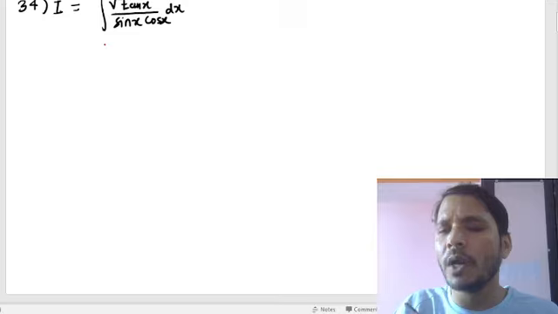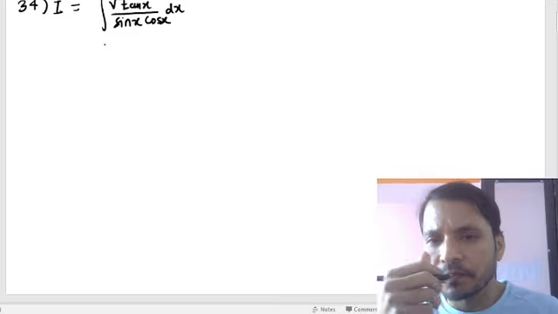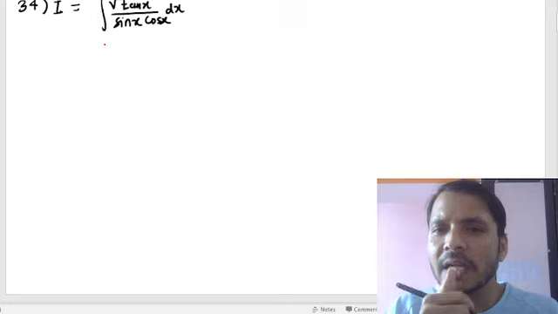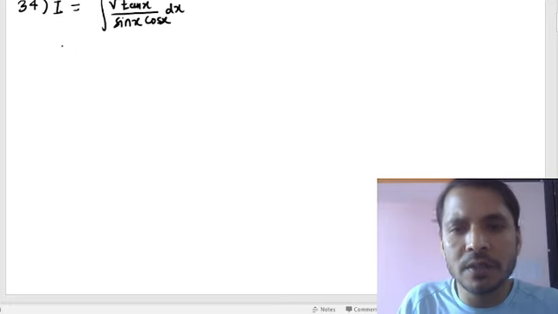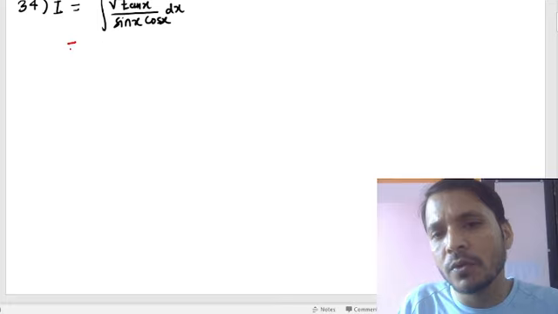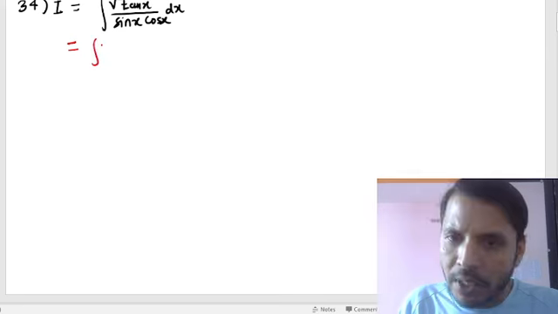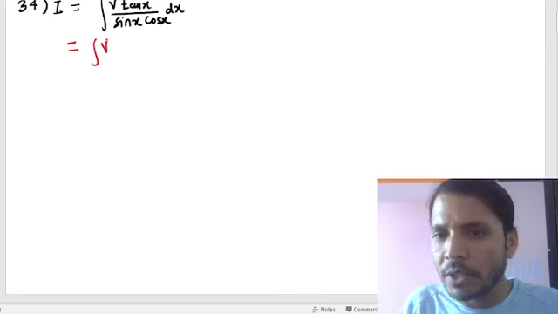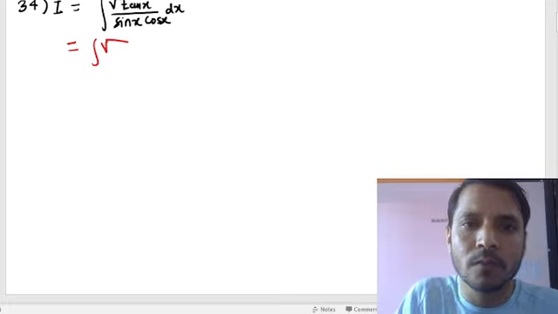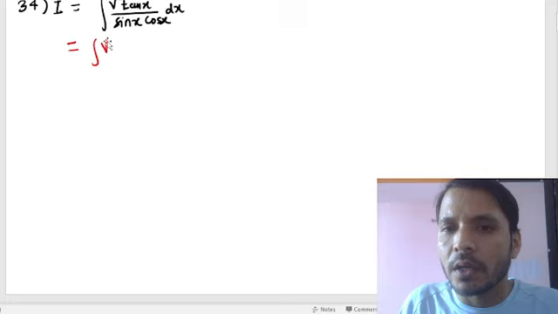So in these questions, what can we substitute to simplify it directly? Here we cannot substitute anything, so first we will simplify it a little bit. First, multiply and divide the denominator with cos x.